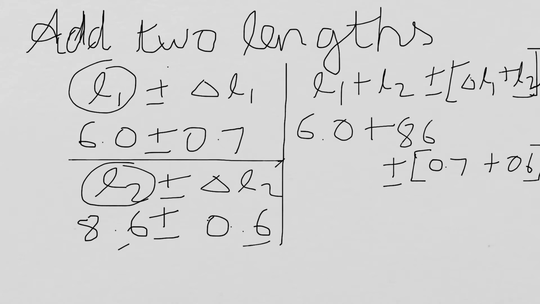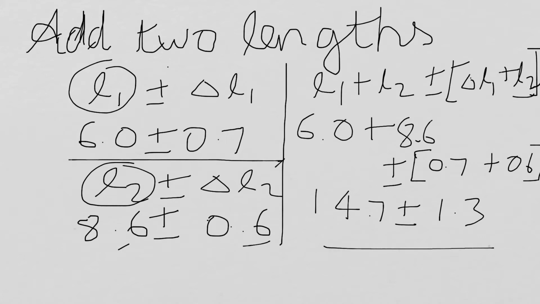Now 6.0 plus 8.6 we add and get 14.6. For the absolute uncertainty, or tolerance value, we add 0.6 plus 0.7 and get 1.3. So the answer is 14.7 plus or minus 1.3.